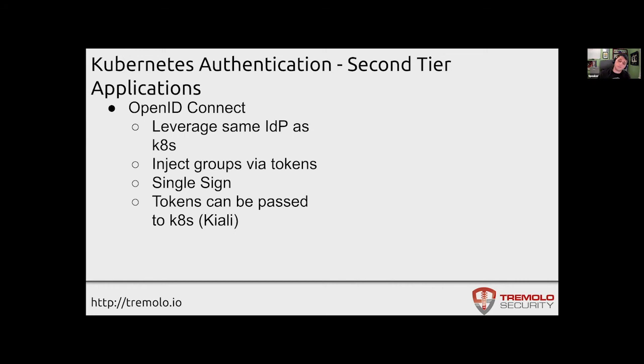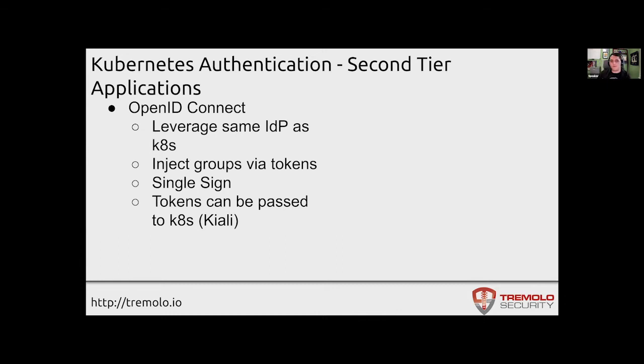More applications are supporting OpenID Connect natively. For instance, Grafana now supports OpenID Connect natively. Kiali supports OpenID Connect natively, which is really great in a lot of senses. When you deploy it, especially if the application is going to interact with the API server, you've got to remember it has to have the same identity provider as Kubernetes because it's just passing that token on.